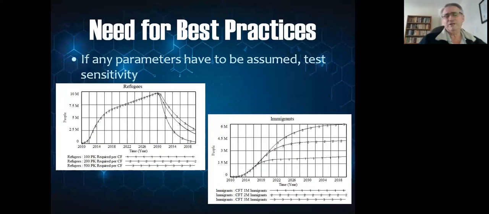So you can see that there's a wide difference in the total number of immigrants based on different levels of immigration to third nation countries. On the left-hand side, I have a graph of refugee levels, and you can see that I have data up until 2018, and then I extrapolate into the future with the idea that the number of refugees is growing because of high birth rates in the refugee camps.